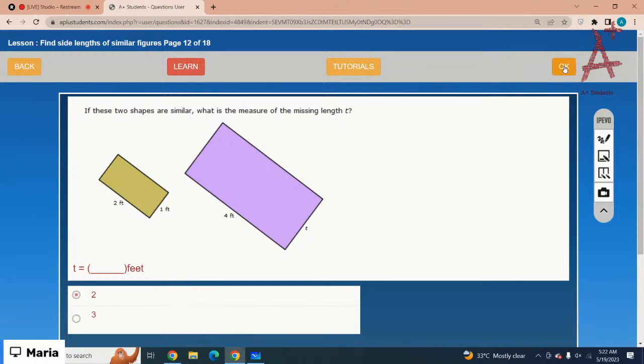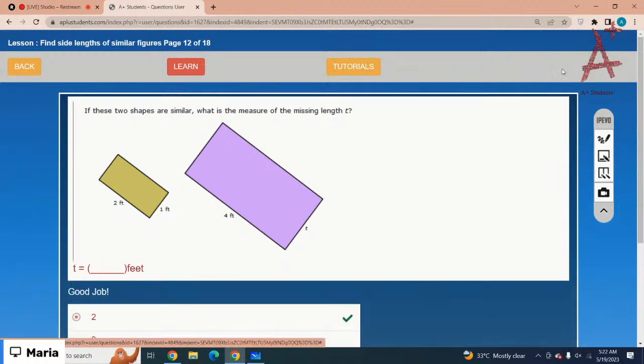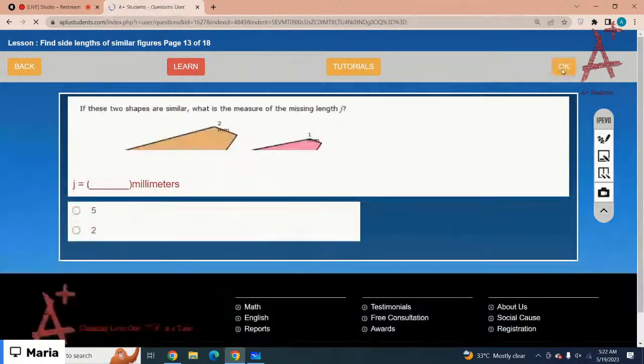T equals 2. Okay, if these two shapes are similar, what is the measure of missing length j? It would be j equals 5.